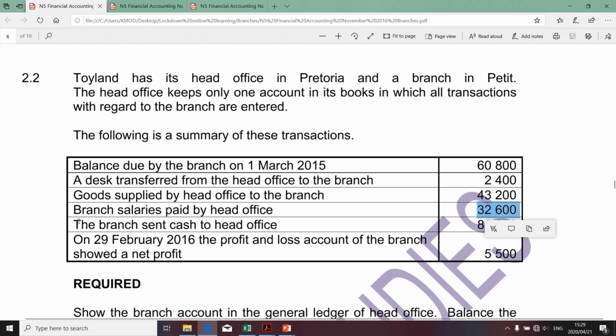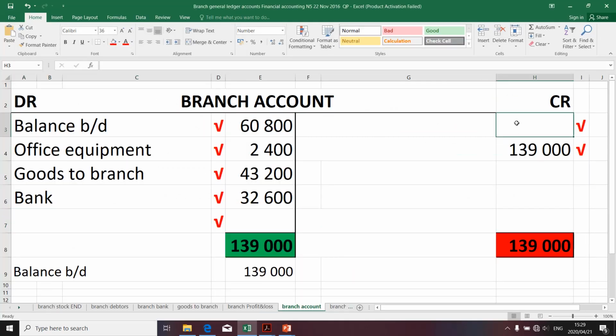Moving along swiftly, we're dealing with that transaction, 88,200. I'm going to copy the 88,200 and place it there. This specifically relates to the branch sending money to the head office. Therefore, it will be taken to the credit side, as I've already mentioned in the principles earlier on.